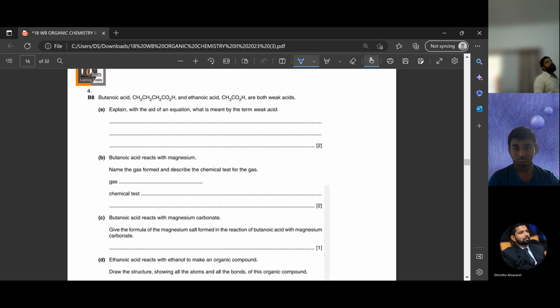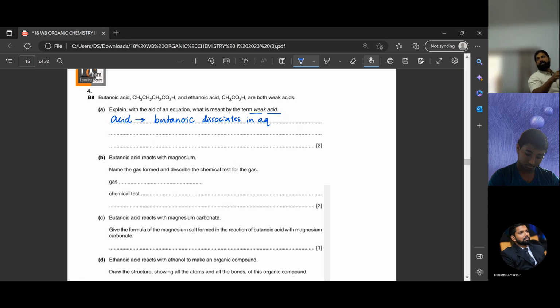Explain with the aid of an equation what is meant by the term weak acid. 2 marks. First of all, you have to say why you call it an acid. Because butanoic acid dissociates in aqueous solution.